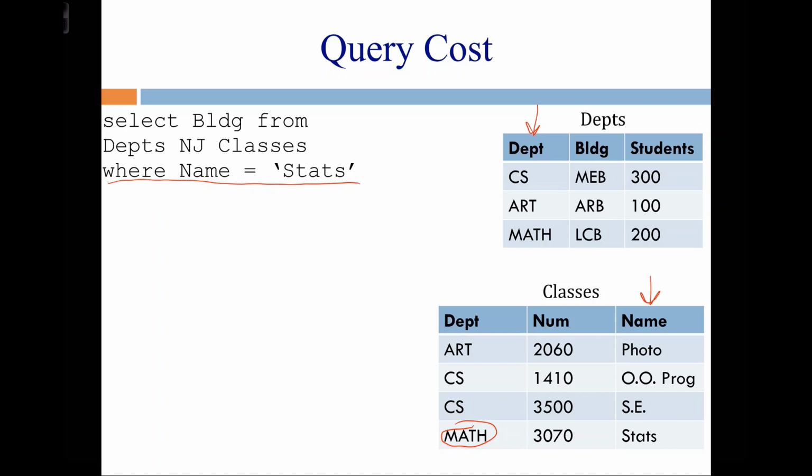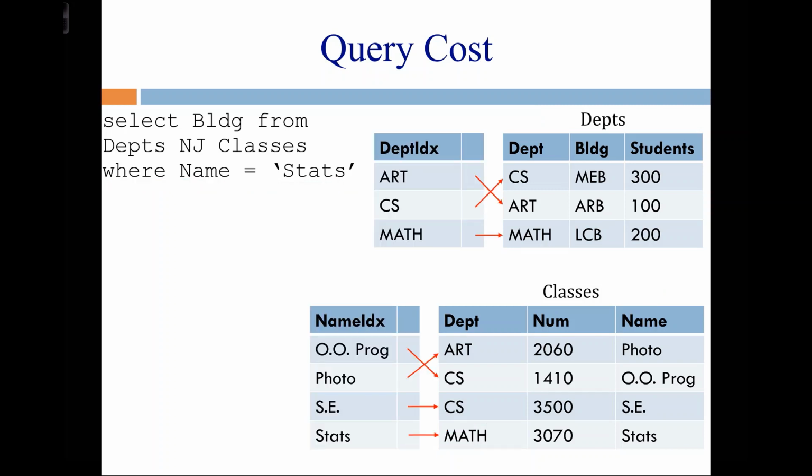So that's all we do, is we create these extra indexes. We have the tables themselves, and then we have these auxiliary data structures that let us quickly search through those tables. So we start with stats. We first query this table. We can quickly find stats in logarithmic time, which will quickly get us to this row.